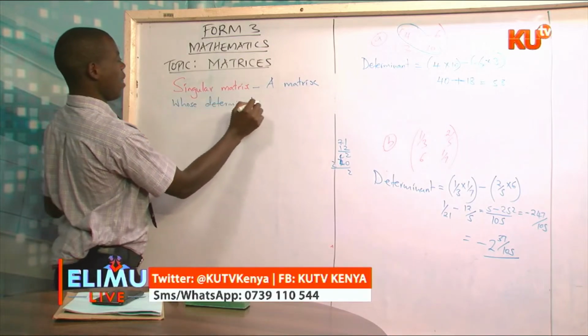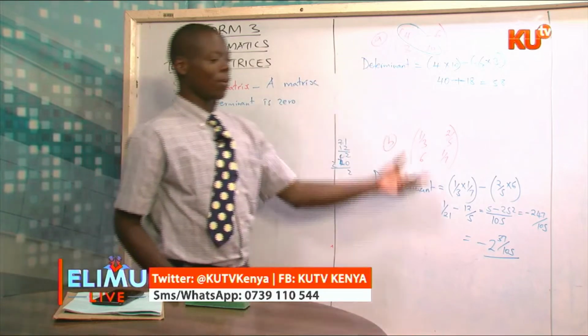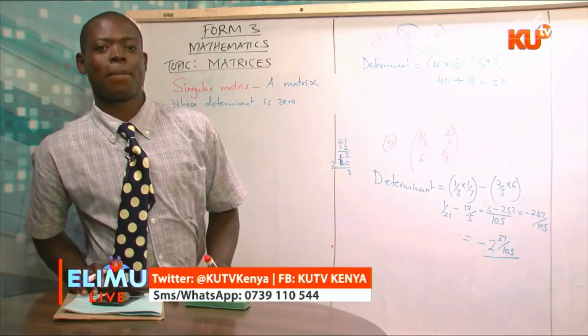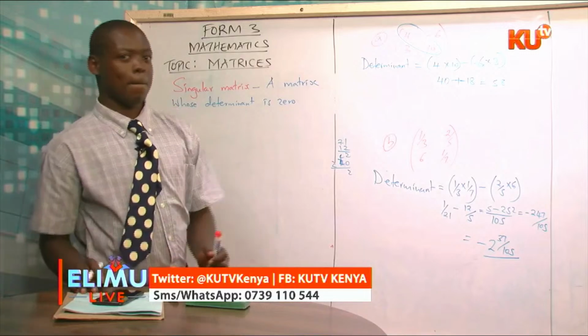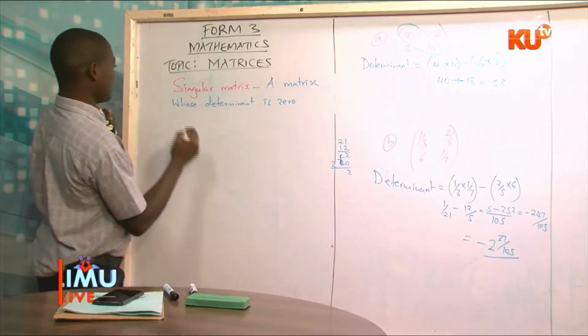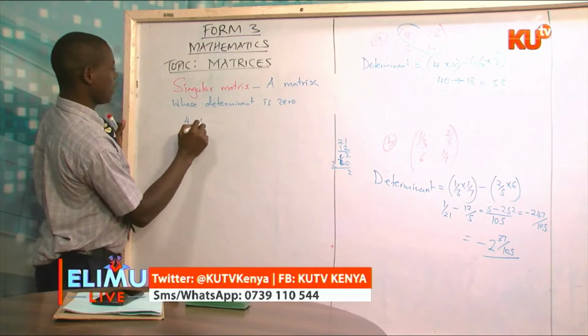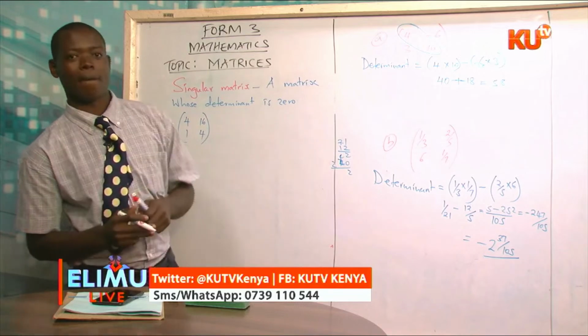Meaning, if you work out the determinant in the way we've done in our examples, and you obtain the determinant to be 0, then that is what we call a singular matrix. For example, if you have a matrix like 4, 4, and then 16, 1, this matrix will be singular.